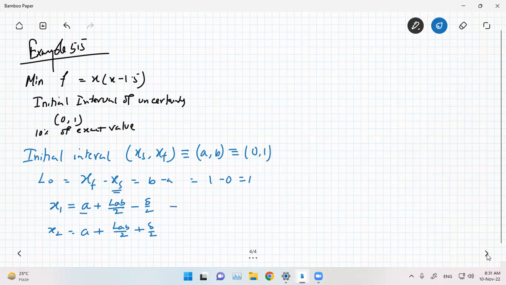So let's apply this and check how to calculate the value. Basically x1 will be A, the initial value 0, plus LAB by 2.